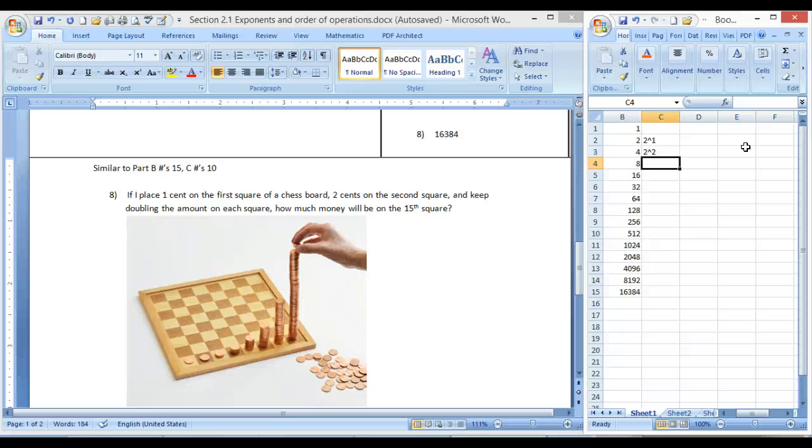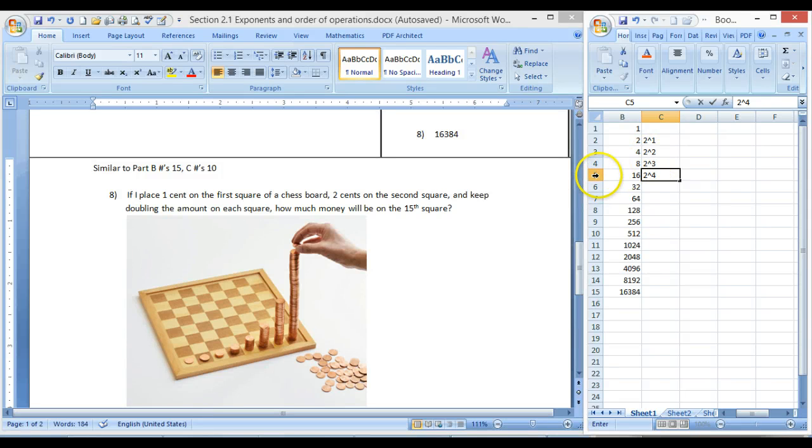So that's 2 times 2 times 2. And if you're not okay with that, go ahead and think 2 times 2 is 4, times another 2 is 8. That means it's 2 being raised to the third power. Do you see the pattern coming up yet? Yeah, what do you think the next one's going to be? 2 being raised to the 4th power.